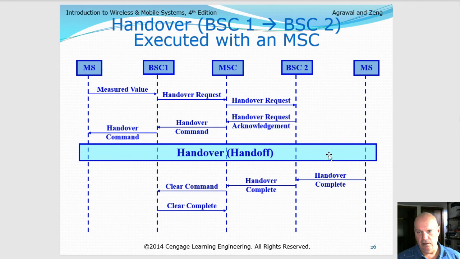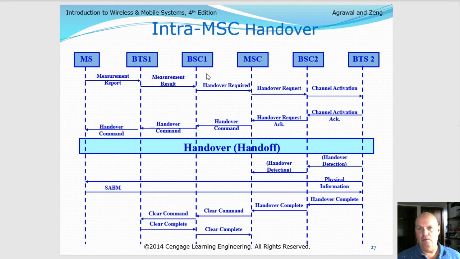And then the blue box here is the point at which the handoff occurs, and then there's communication between the mobile system and the new base station controller. And if you're switching between two mobile switching centers, then there are a lot more steps that have to take place.